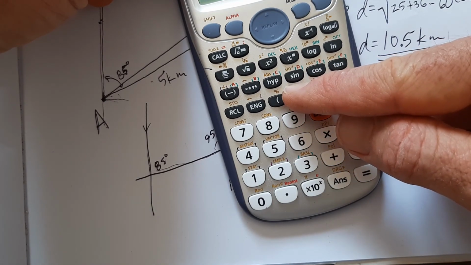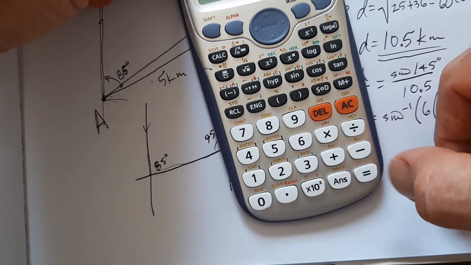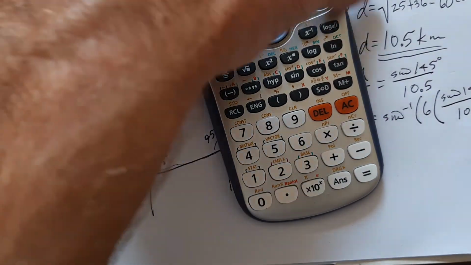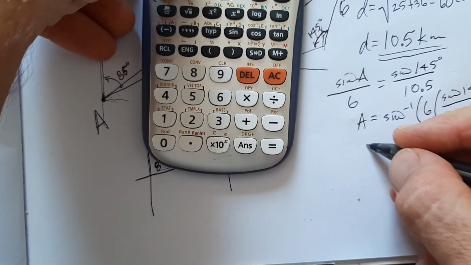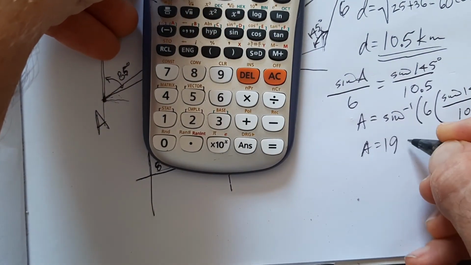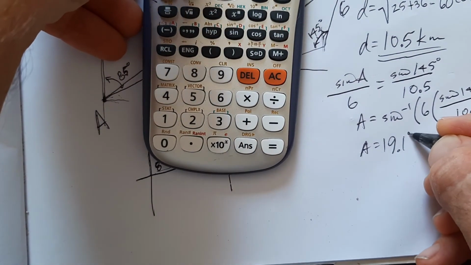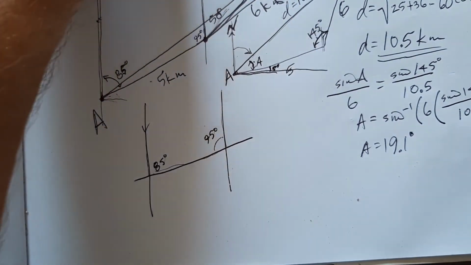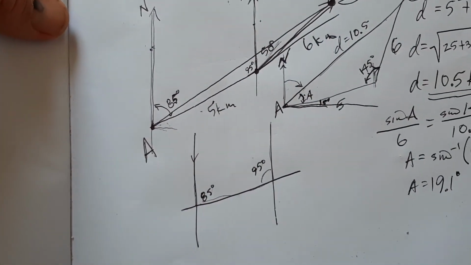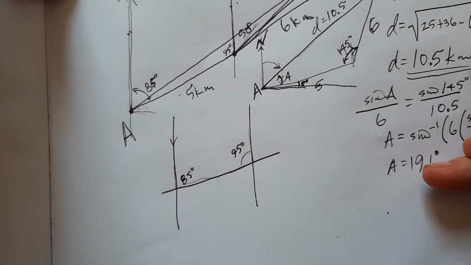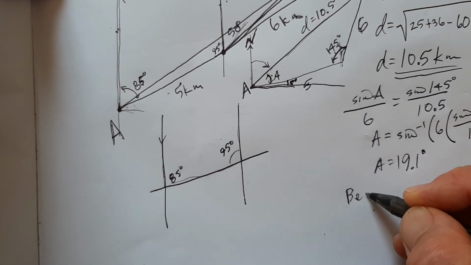Is there another bracket? I can't remember. Let's hit it. It did it. 19 degrees. A equals 19.1 degrees.